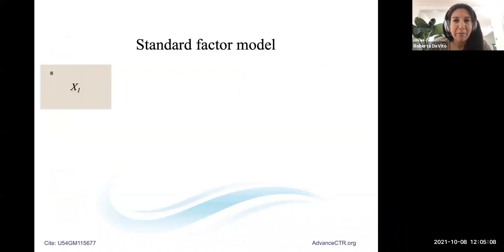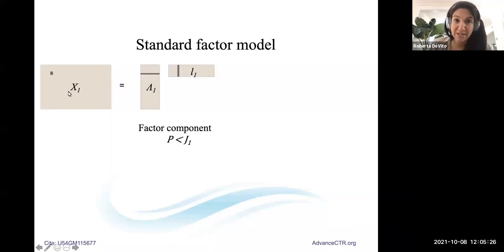So maybe many of you know the standard factor model, but I want to give you a brief overview of it. The factor model is a dimension reduction tool that allows us to decompose the observed variables in 3 different pieces. Two pieces are coming from a factor component.